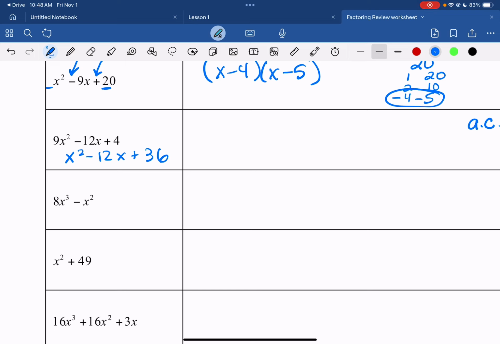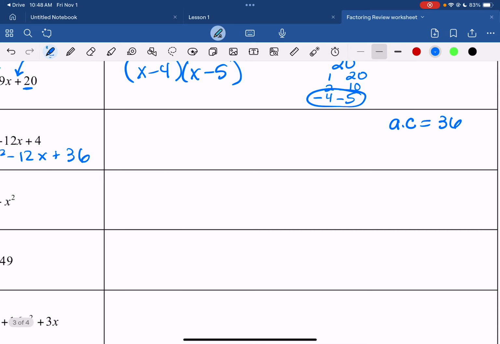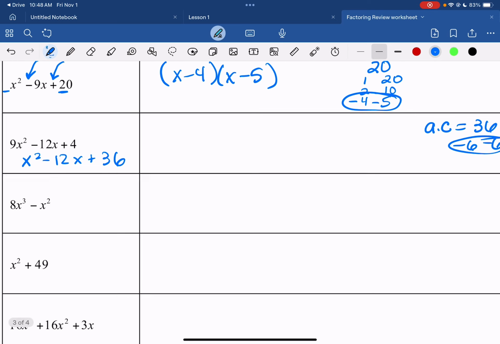Now I want to find 2 terms that add up to equal negative 12. My 36 is a positive, which means both have to have the same sign for my factors. And that sign is going to be negative because it's a negative 12. So when I do my factors of 36, I can tell that negative 6 and negative 6 are both going to add up to negative 12.